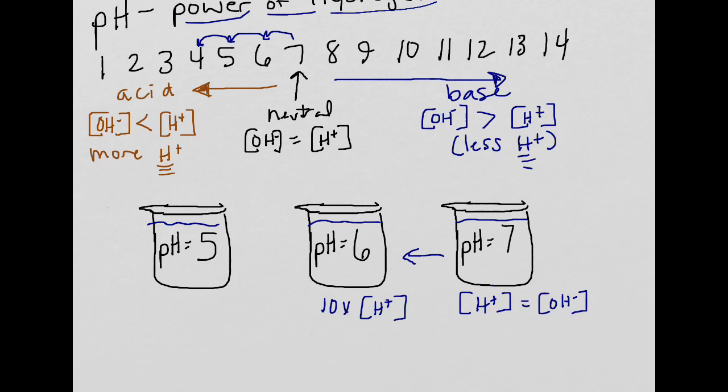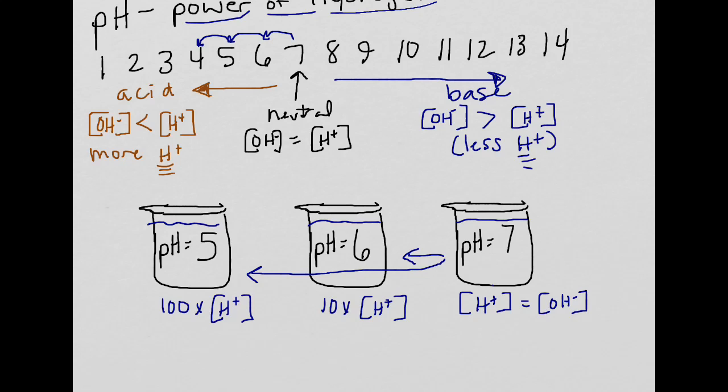And then if we go from a pH of 7 to a pH of 5, it's another 10 times, so it's 10 times 10. It's 100-fold, or 100 times the concentration of hydrogen ions. So you have a big jump just going from a pH of 7 to a pH of 5.